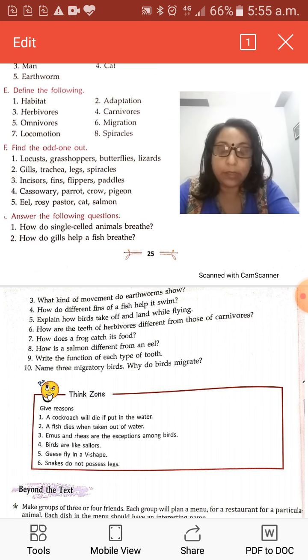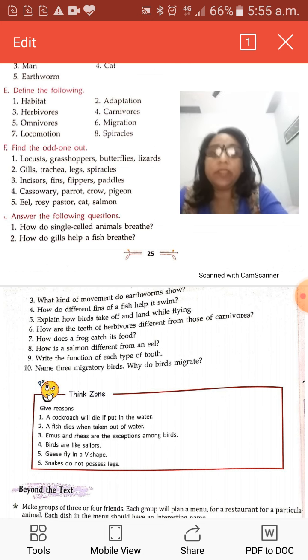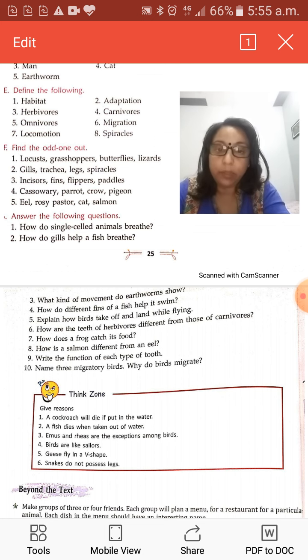These are the gills. Because the fish lives in water, when the water comes into the gills, oxygen enters along with it and goes inside the body, supplying oxygen to the whole body. When the water goes out through the gills, the carbon dioxide also comes out with this water.